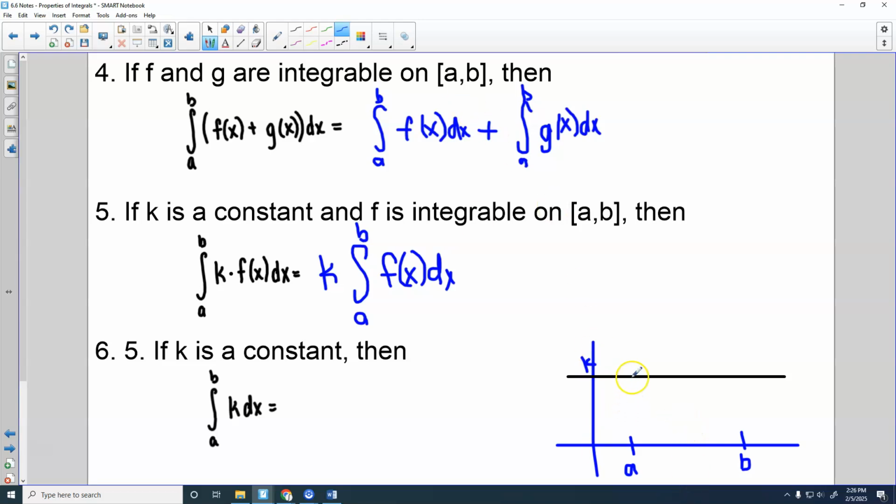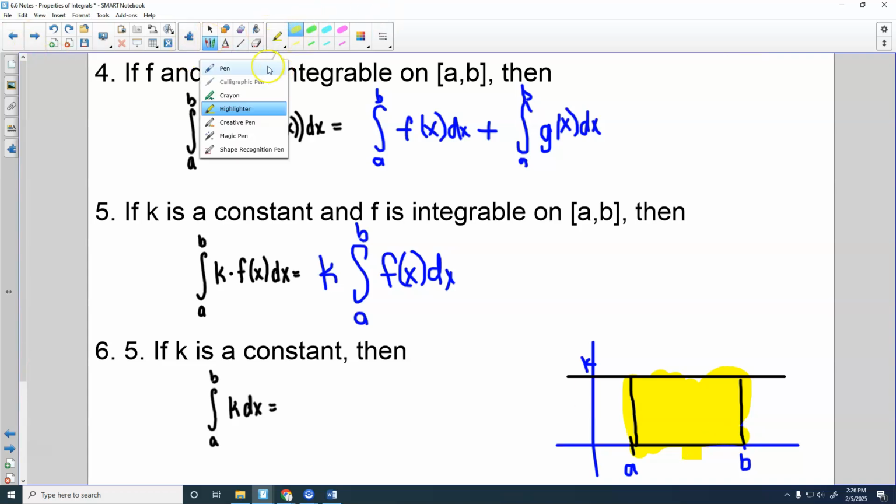So if I want the area under the curve here, then what is the width right here? It'd be b minus a.